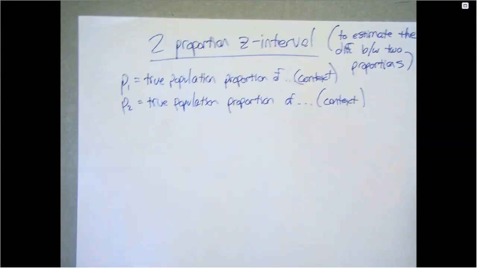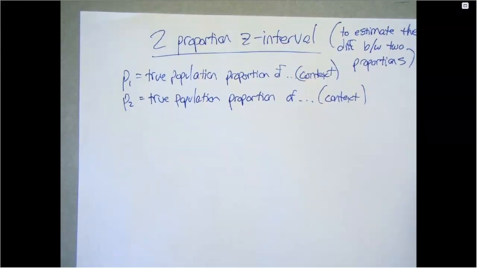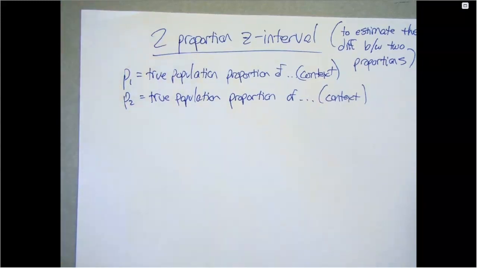So you're just naming which one's which, because in the example I just talked about, some people might have done Michigan as P1, some people might have done Ohio as P1, and you can do either. But this is where you're declaring: for me, this is P1, so here's what I'm going to do with that. So at the end, your answers can come out exactly opposite. We'll get into that down the road.